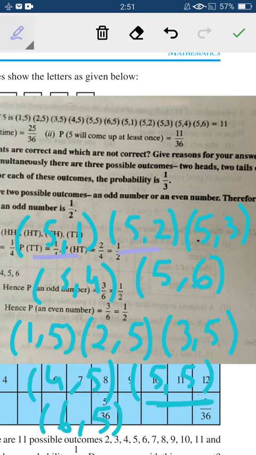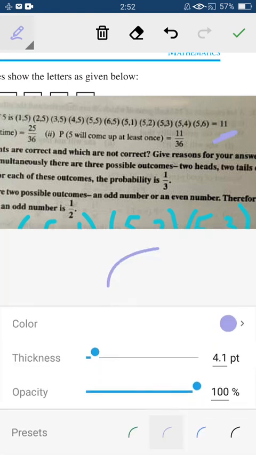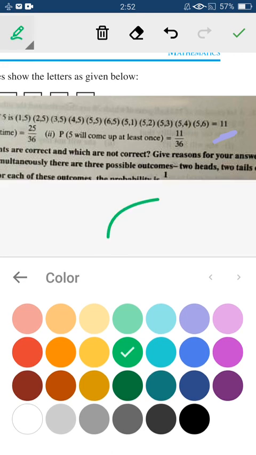Is that clear? So let us count how many are there total, right? 1, 2, 3, 4, 5, 6, 7, 8, 9, 10, 11. So there are total 11 outcomes which contains 5. I hope it is clear to you everyone.